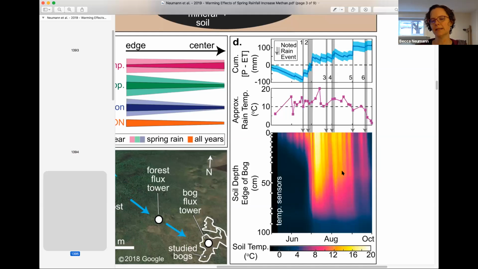Finally, when my brain started thinking of the bog being within this larger permafrost watershed, the pieces started to fit together. It took a lot of iterations just to get to this point with the data, to understand that what was happening in the forest is having an effect on the bog.